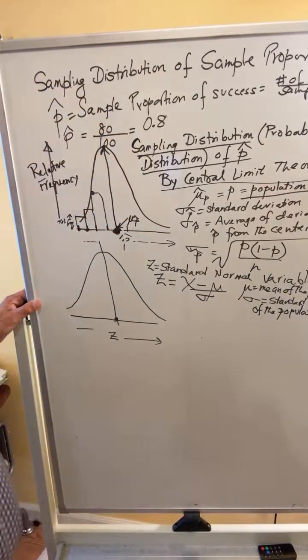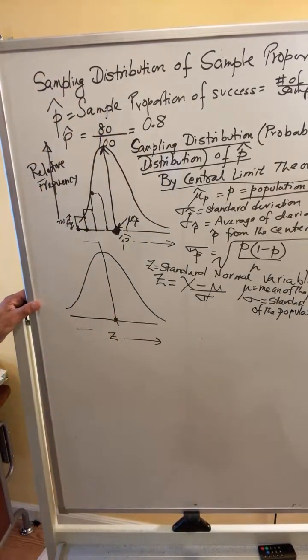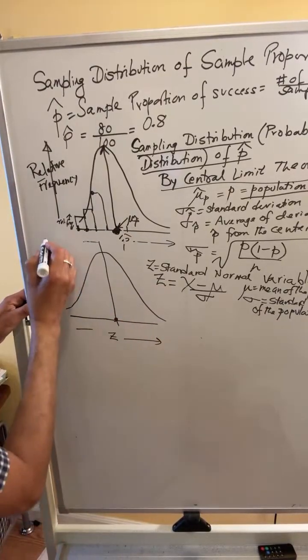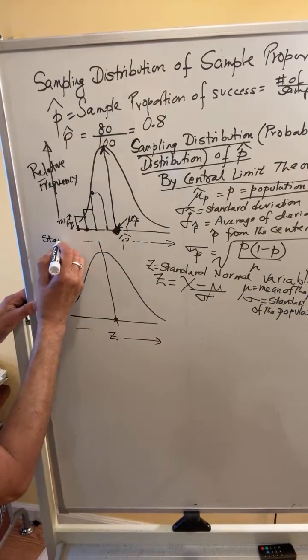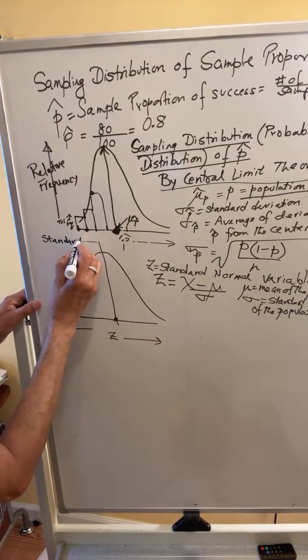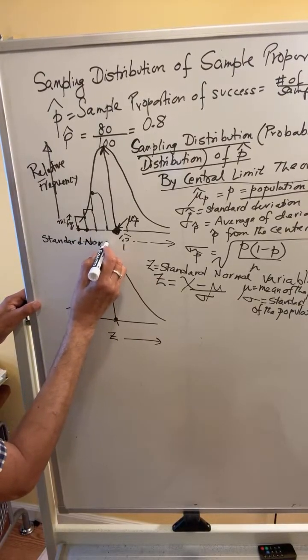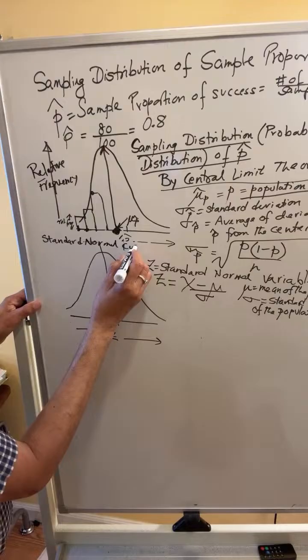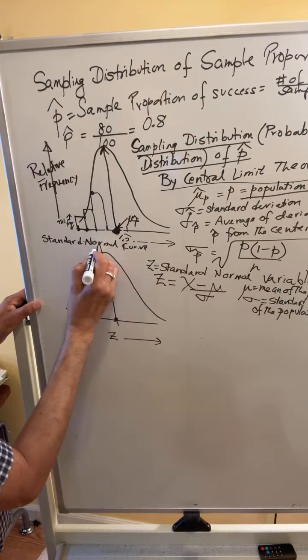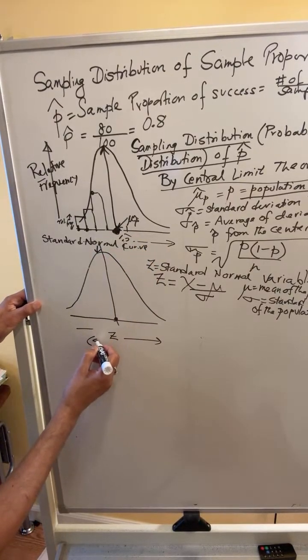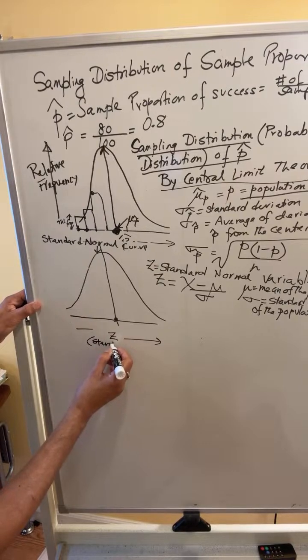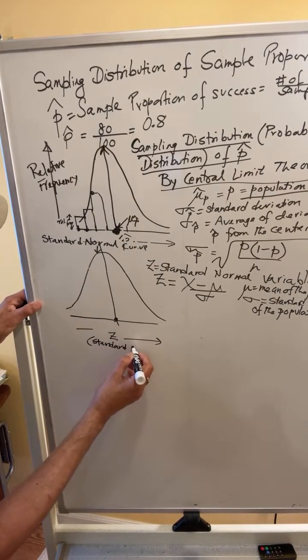So we can use the same information, and this is the standard normal curve, this bell-shaped distribution. Why is it called the standard normal curve? Because you have the standard normal variable plotted on the horizontal axis.